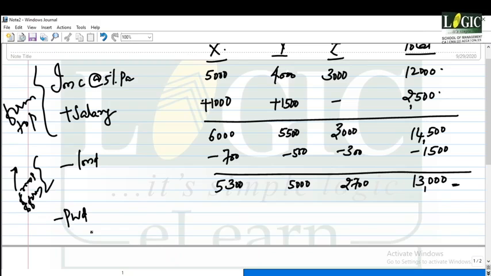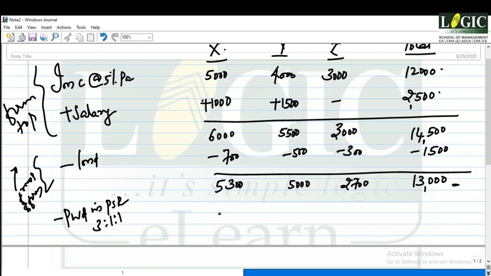Profits wrongly distributed in profit sharing ratio of, what is the ratio? 3:1:1. Okay, 3:1:1. So 13,000 was divided in the ratio 3:1:1.